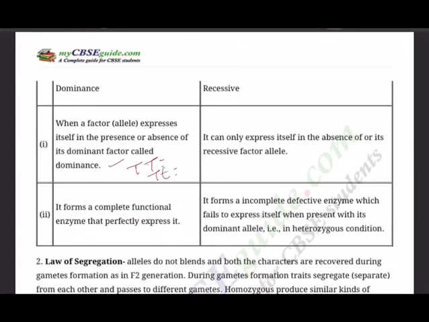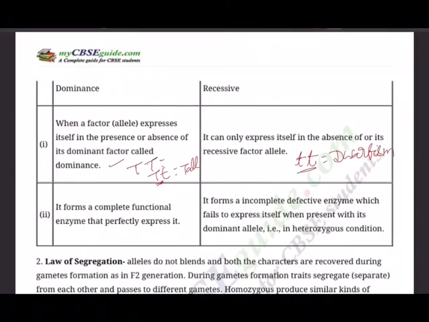Even if one gene is present, it expresses tallness, then we say this is dominance. Whereas recessive can only express itself in the absence of its dominant allele. Here, the small t will express itself only in homozygous condition. Then only this will express dwarfism.